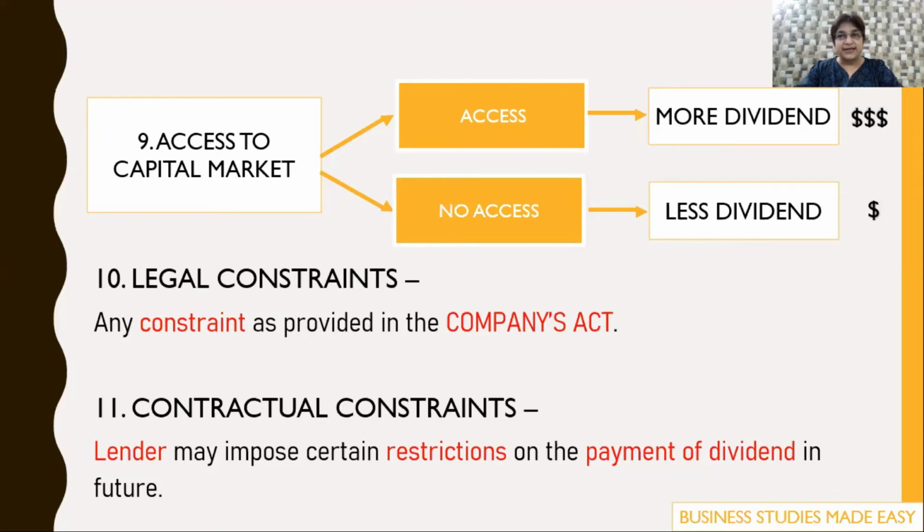So to safeguard their own interest, they will not allow you to declare dividend beyond a certain limit. So these are the restrictions put by the lender. So the finance manager keeps that in mind to see what the restrictions are, and according to that only he declares dividend. So these are the factors that the finance manager keeps in mind while declaring the dividend.